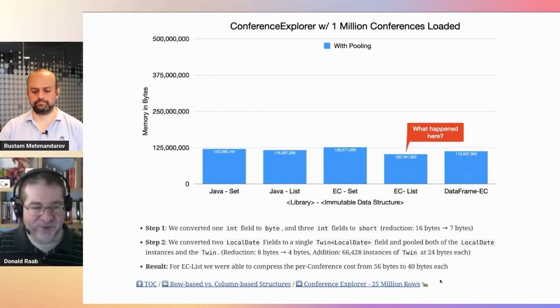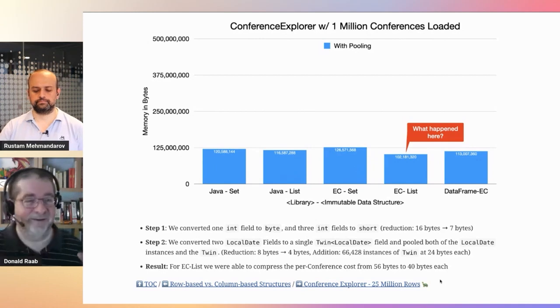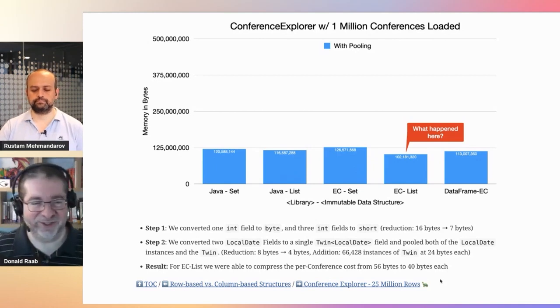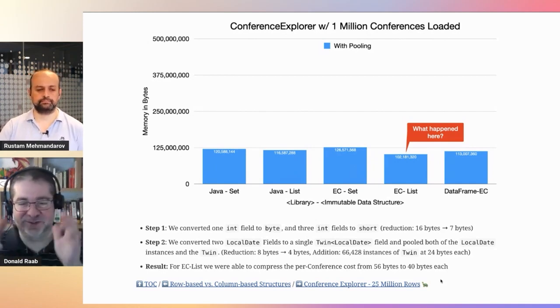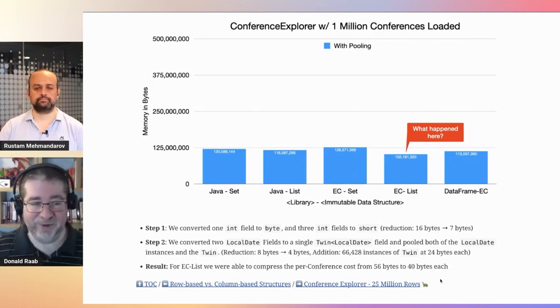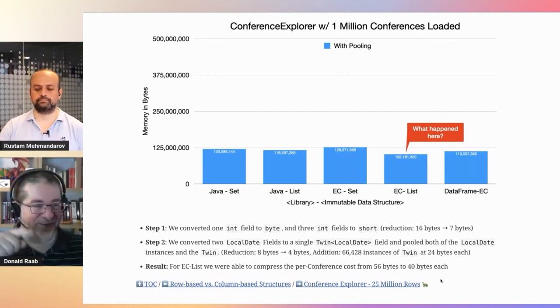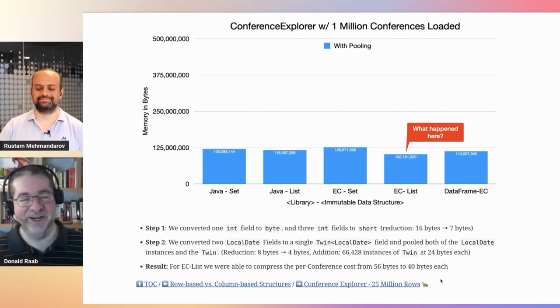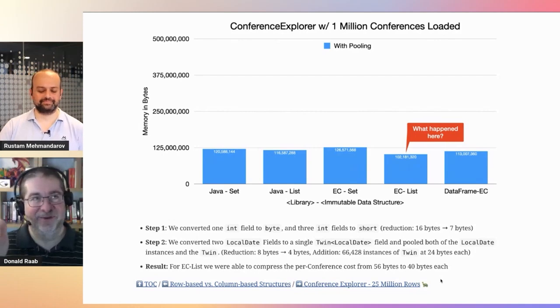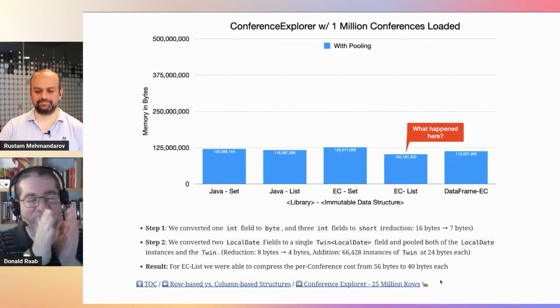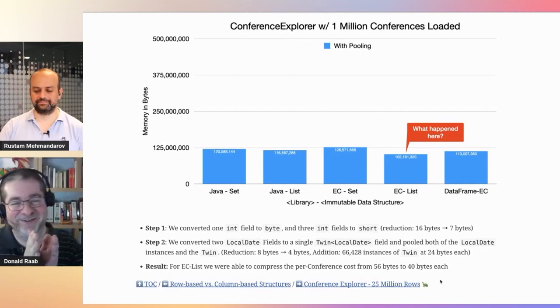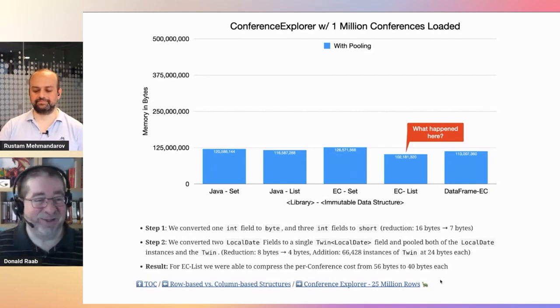And then we did this really gnarly trick of, hey, let's get rid of an object reference, and that'll save us 4 million extra bytes potentially if we can get the object alignment working out right. So we combined the 2 dates into this pair object. It's called the Twin, because twin, same type. Basically we were able to reduce the reference cost, and this is that kind of funny date math, right? Now we had the combination of from and to, but since to is always greater than from, you wind up with, at max, like 66,000, and that's still a lot less than a million.